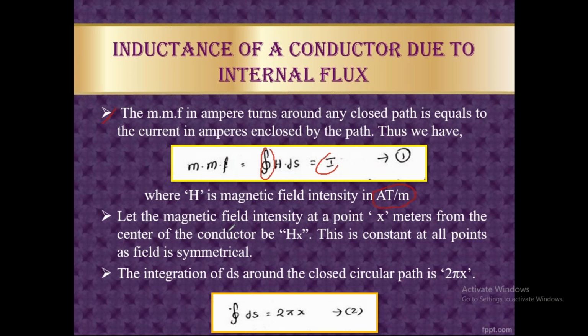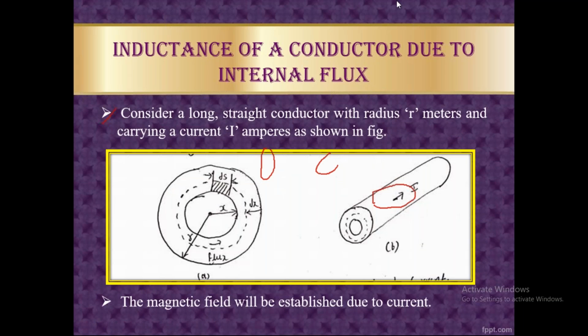Now let the magnetic field intensity at a point X. Why? Because our intention is we are calculating the internal flux, right? So we are always concentrating on this X point, always remembering the X point. So we have to derive the equation with respect to the X point.